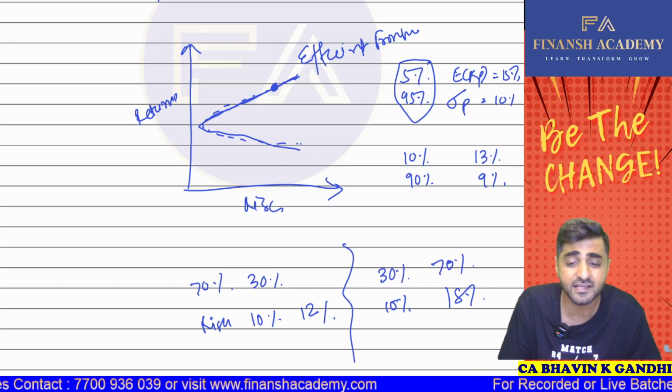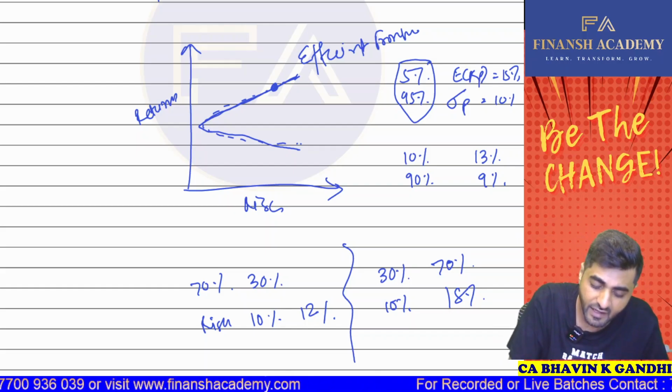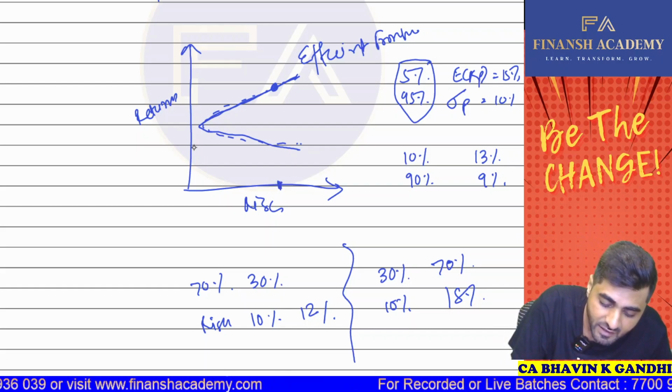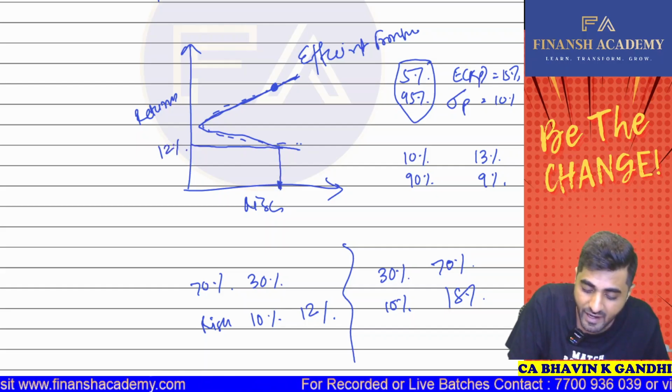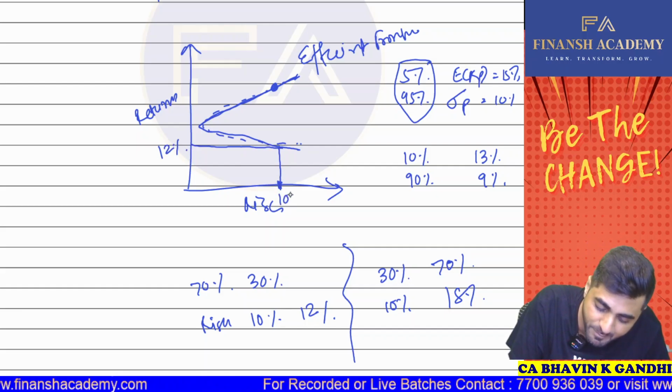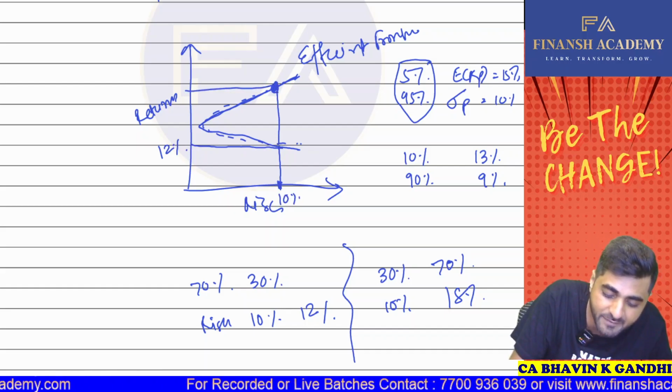Now, in this case, if I plot this in a graph, then at 10% risk, one portfolio is providing me with a return of 12%, and at the same 10% risk, another portfolio is providing me with a return of 18%.